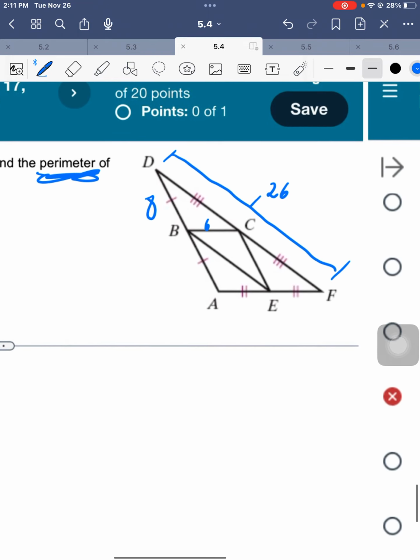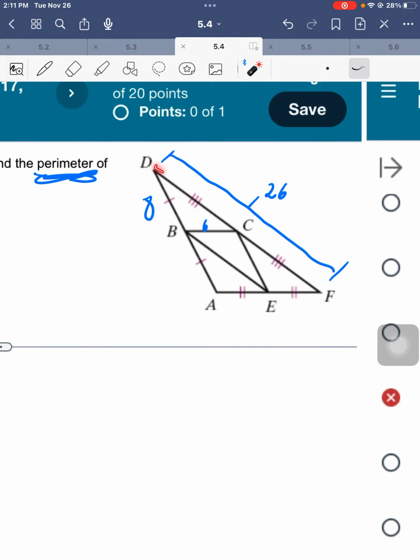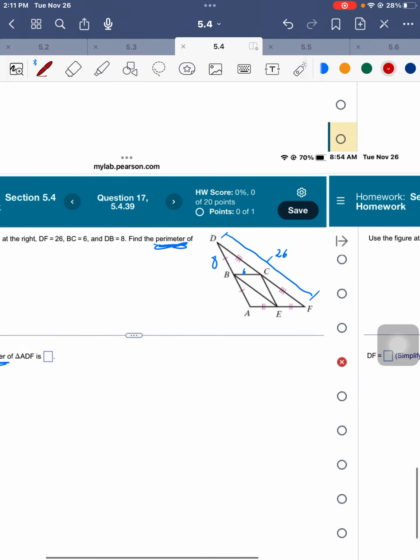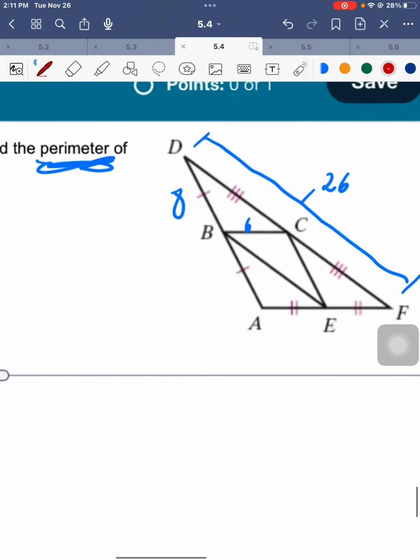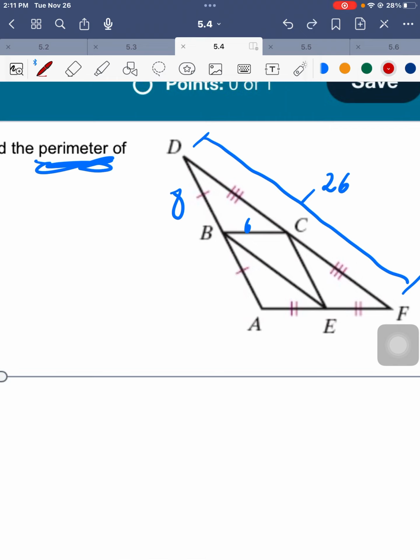So the perimeter would be this length plus this length plus this length. I'm going to put in blue what was given to me, and then in red, what we inferred. So DF is 26, BC is 6, and DB is 8. If DB is 8, and I know that this is a midpoint because of these bisection marks, then I know this is going to be 8 as well.